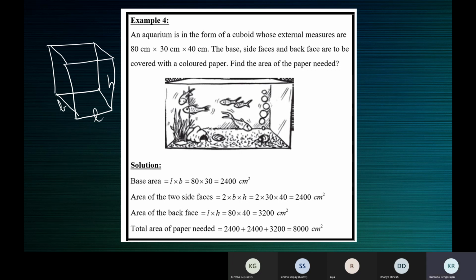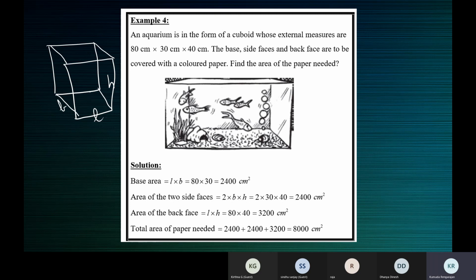Which are the faces not covered with paper? Front face and top face, ma'am. Correct. Because we need to see the fish in the aquarium, right? If you cover it with color paper everywhere... so the front and the top face are not covered.